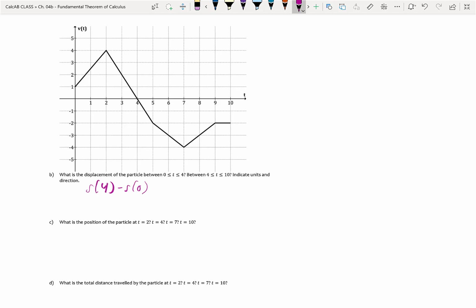Well, do I know s of 4? This is the graph of v of t. Gotcha. That's the first little gotcha thing we'll do. It is the integral from 0 to 4 of v of t dt.